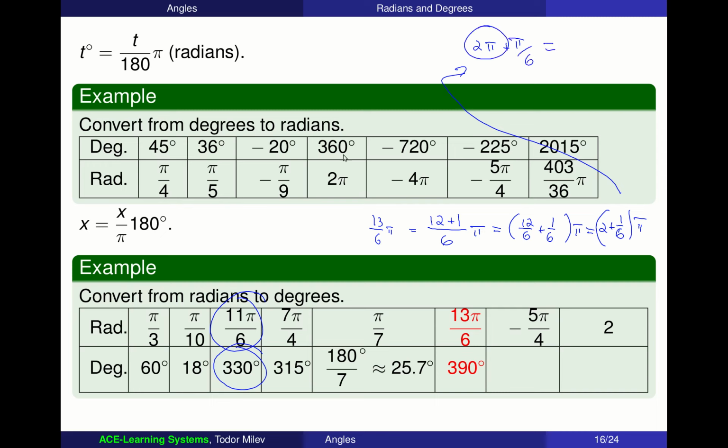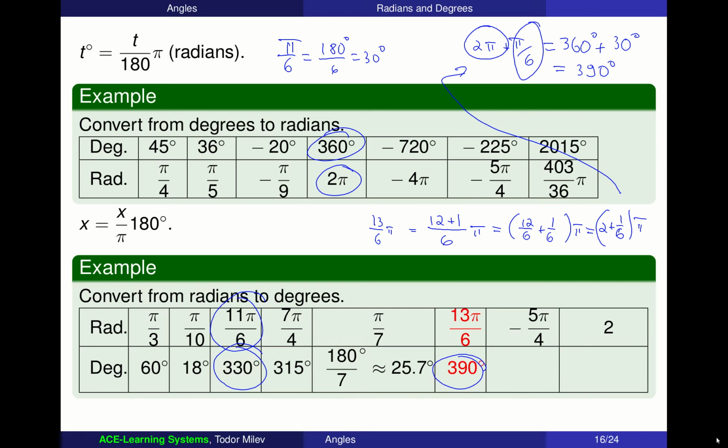We already mentioned that 2 pi is 360 degrees, and to that you add pi over 6. We did compute that pi over 6 was 180 degrees divided by 6, so that's 30 degrees. And 360 degrees plus 30 degrees is 390 degrees.